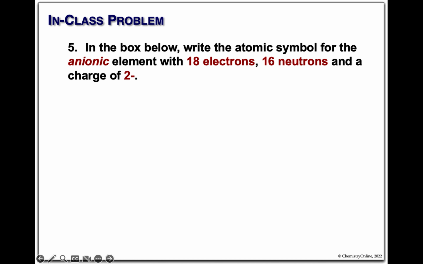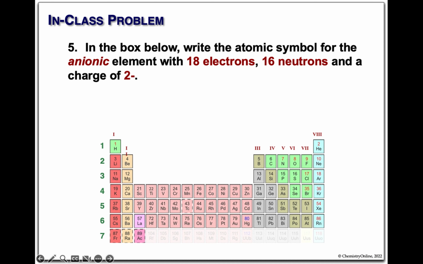All right, we're looking for an atomic symbol of an anionic element with 18 electrons, 16 neutrons, and a charge of -2. The problem here is, you say to yourself, what's the element? Well, the trick is, this is an anionic element.